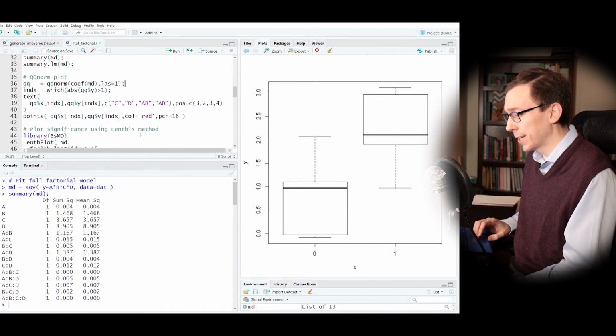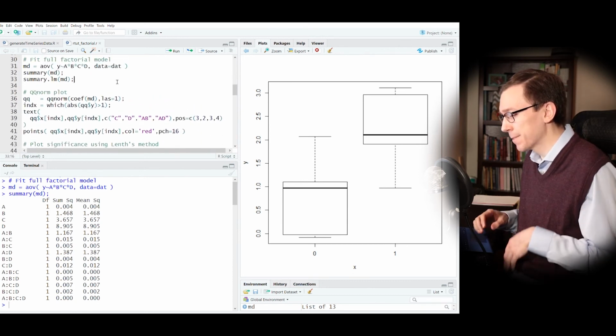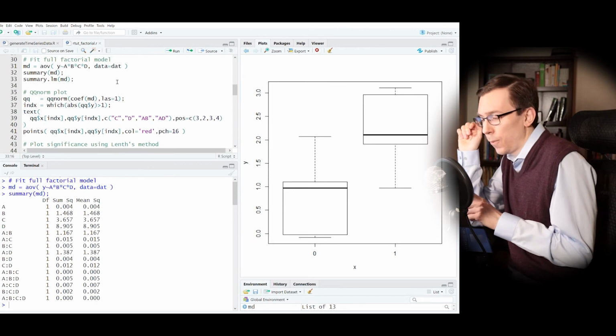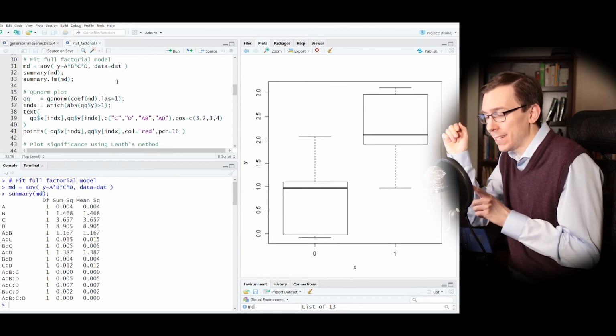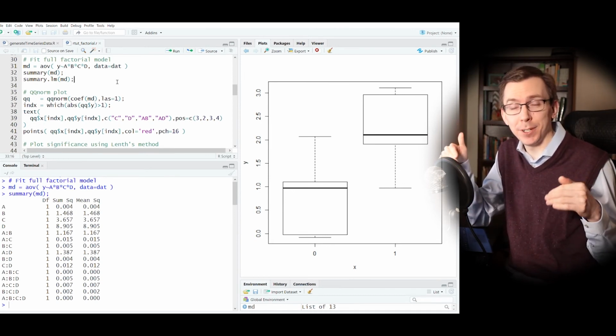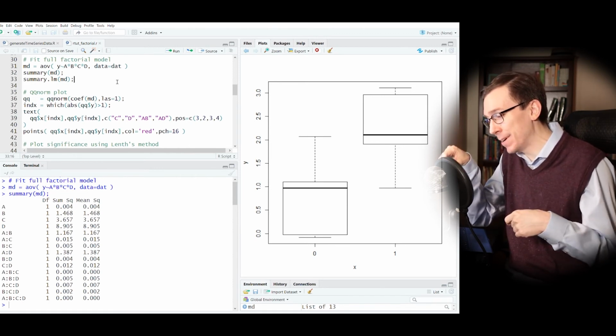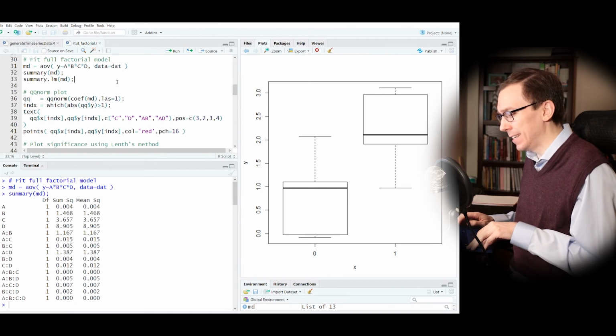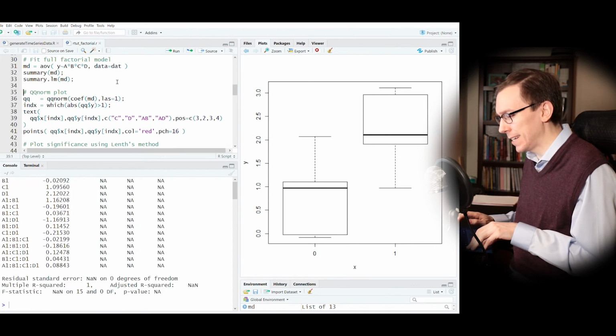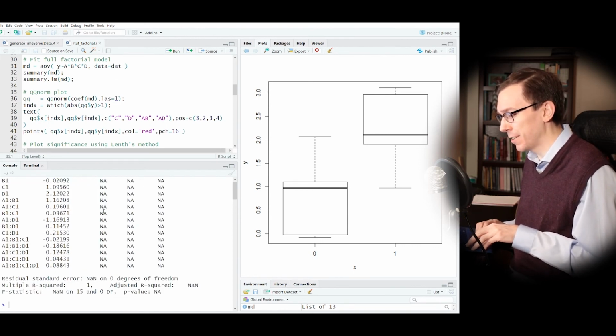Nevertheless, we can also visualize this in different ways. Now, when we just type in summary, we get an ANOVA table. It's going to give us sums of squares. If we type summary.lm, what we end up with is a linear model, which is going to tell us all of the main and interaction effects.